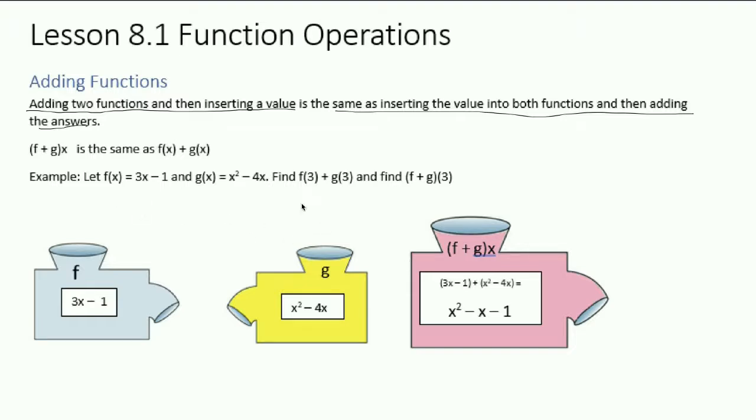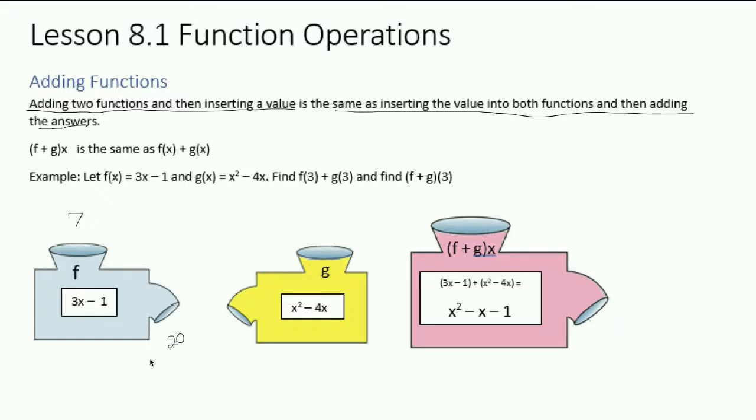And actually down here, I have this in the opposite order. Over here is adding my two functions, and over here is putting the value in. It says, let f of x equal 3x minus 1. I call this a function machine. If I drop a 7 in here, it multiplies it by 3, which will be 21, then subtracts 1, which will be 20.